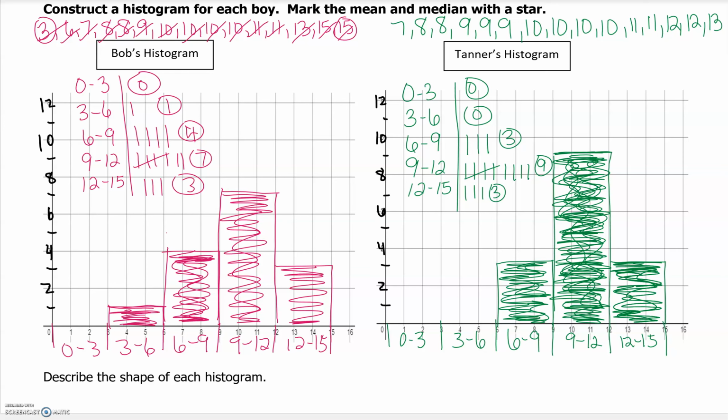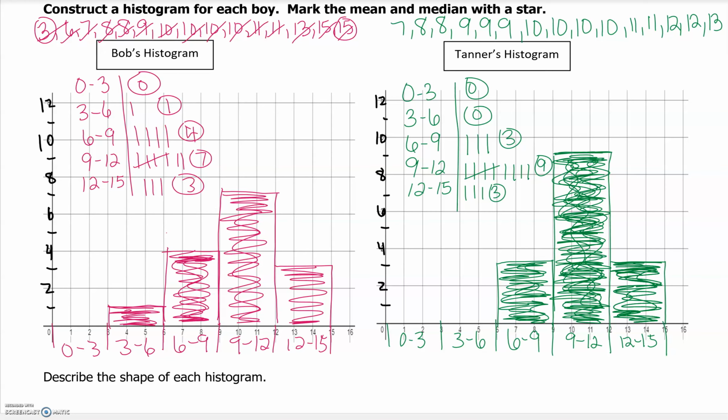Those are considered gaps. For 6 through 9, you had 3 tally marks, 9 through 12 had 9 tally marks, and 12 through 15 had 3 tally marks. So your histogram for Tanner should look like that. Go ahead and make any changes or adjustments before we go on and describe the shape of the histogram for each.